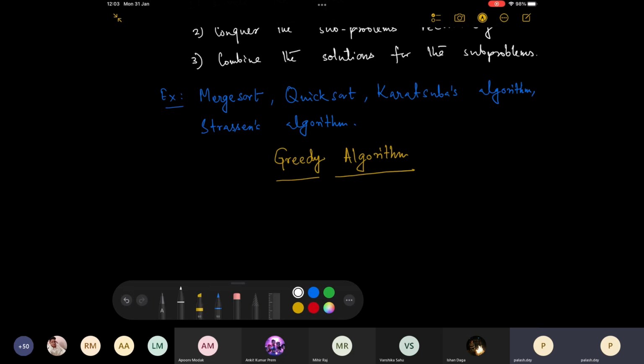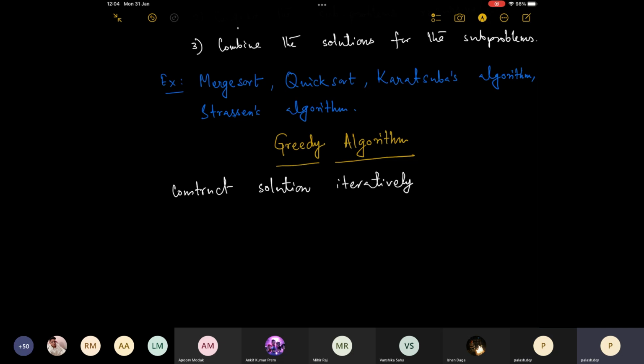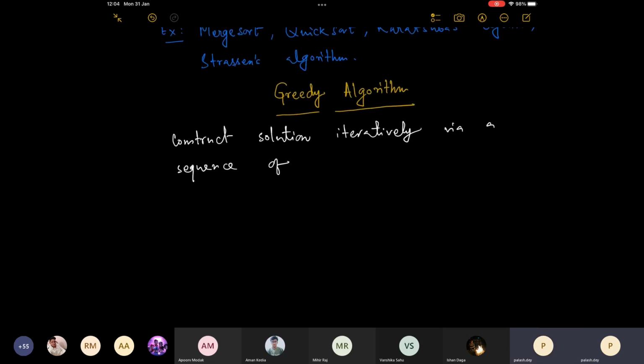On a high level, the idea of a greedy algorithm is to construct a solution iteratively via a sequence of irrevocable decisions.